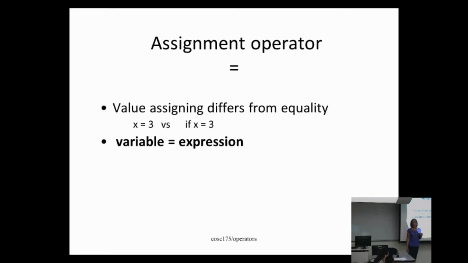So this assignment operator is not the same thing as equals. Assignment and equality are different, and we're going to look at that today. Okay? So for the beginning, we're going to talk about using assignment.